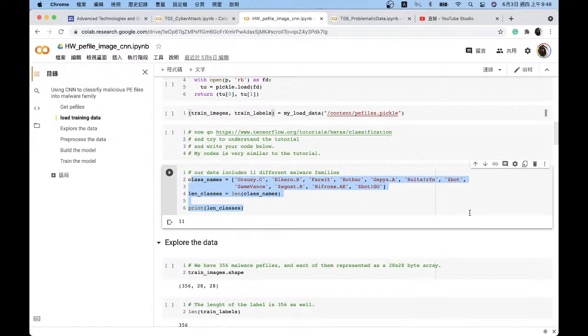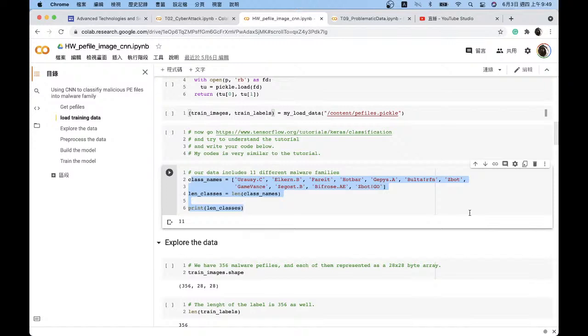There are 11 different malware families, which means that for each family, we strongly believe that some malware is created by specific hackers or specific groups. They simply use their old code and modify it to create a new variant. Variant means 变种, a new variant of this malware family.